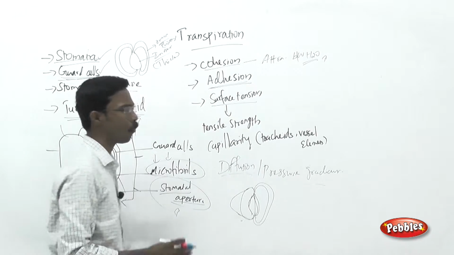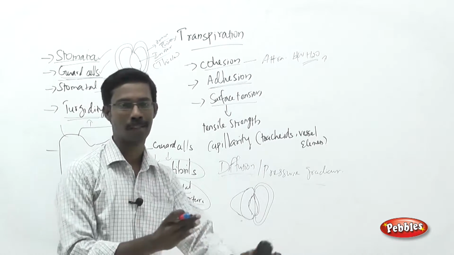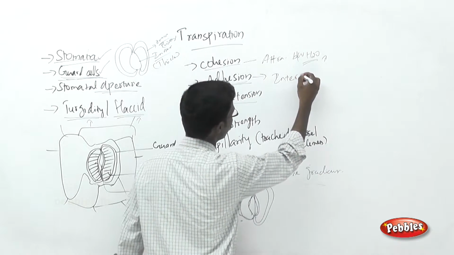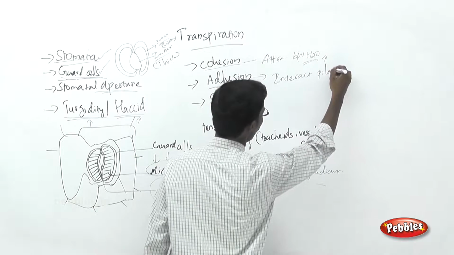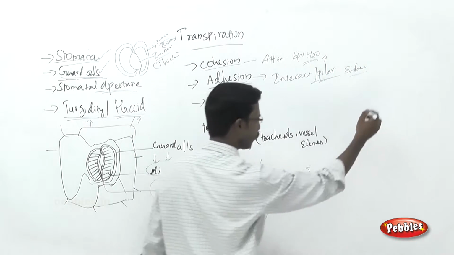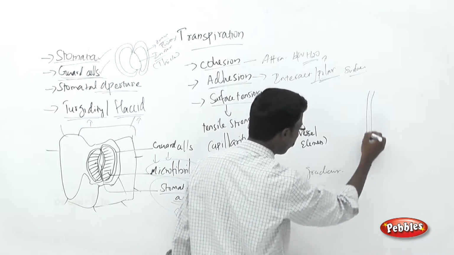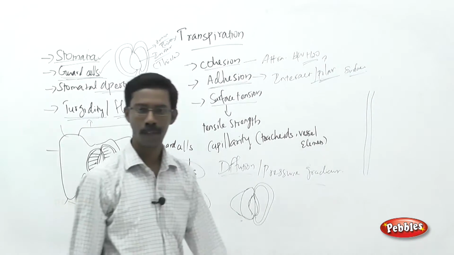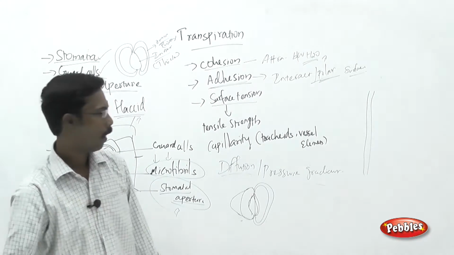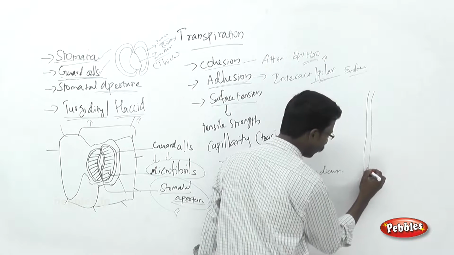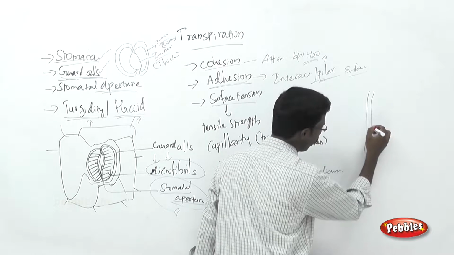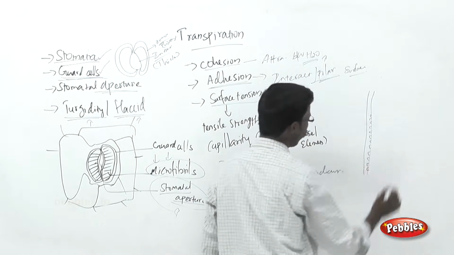Adhesion refers to the water's nature, or the water's love, to interact with polar surfaces. As I told you, the transport happens through some narrow areas like the vessel elements and tracheids. Those tissues have polar surfaces or polar structures on the inner lining. So what will happen?